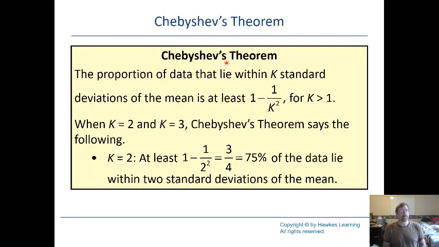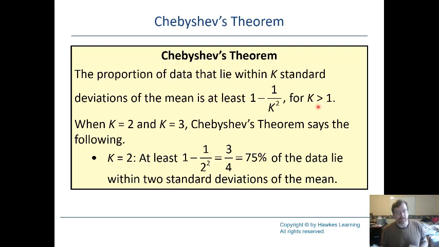Okay, so we've also got this theorem that's a little bit more approximate, but it's useful in situations where our curve is not symmetric. So I want you to note that with k being some number of standard deviations, this gives you a minimum proportion for data that lies within k standard deviations.